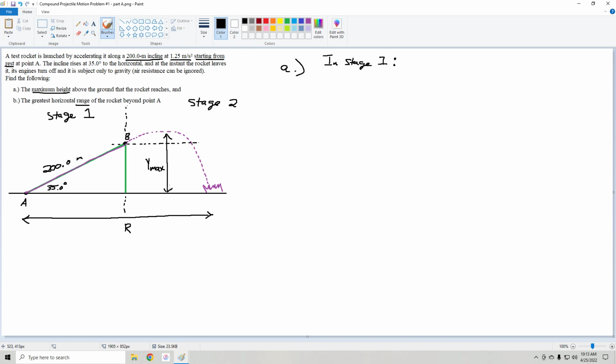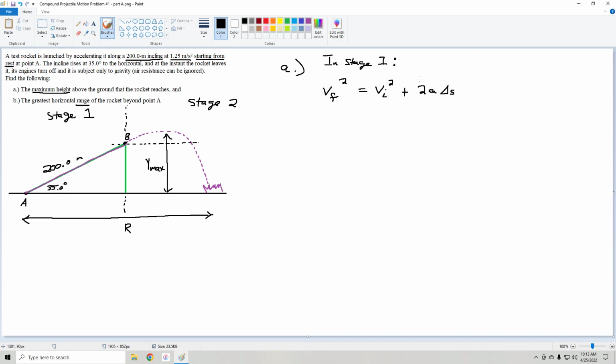in stage 2. And we know that there's a pretty simple kinematic equation that we can use, and it looks like this. The final velocity squared is equal to the initial velocity squared plus 2 times the acceleration times the displacement under which that acceleration occurs.